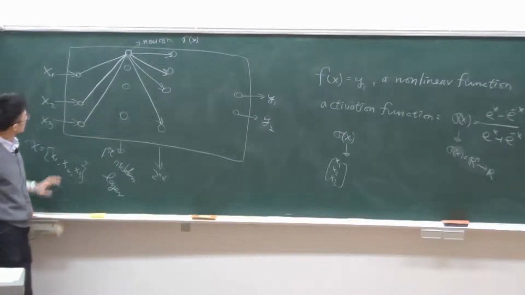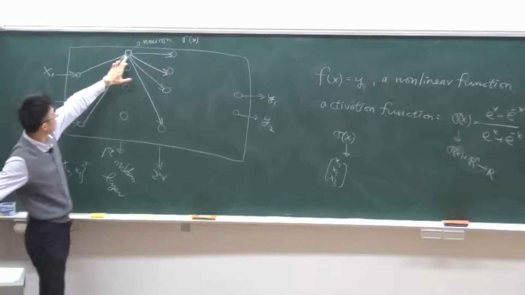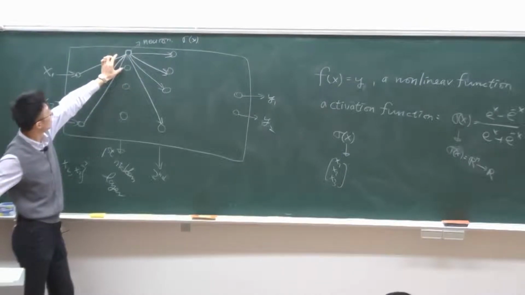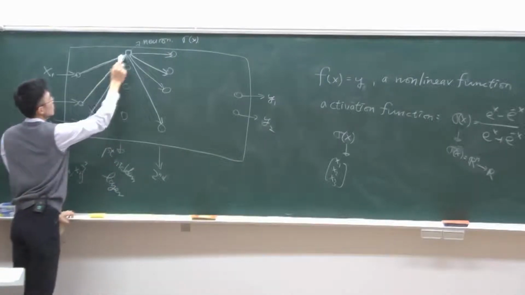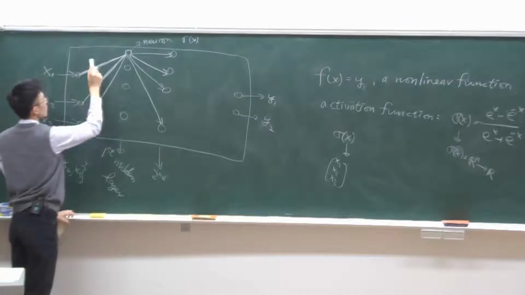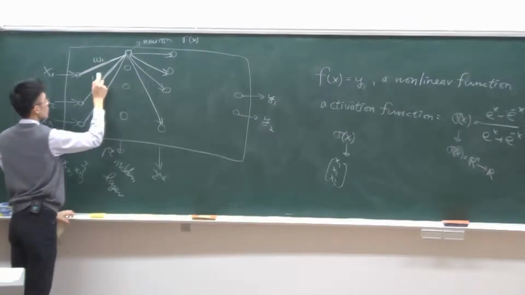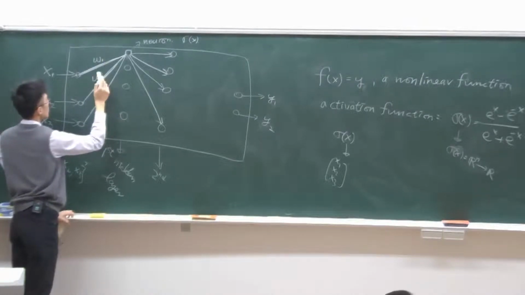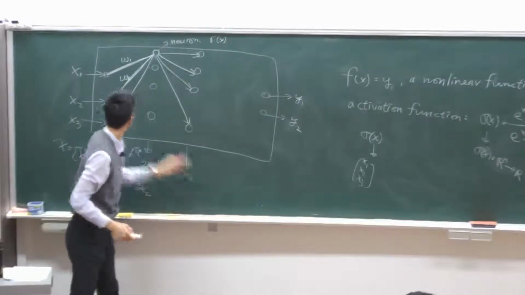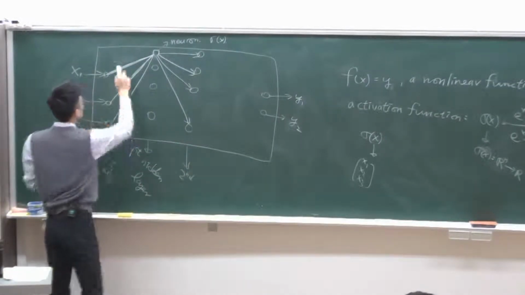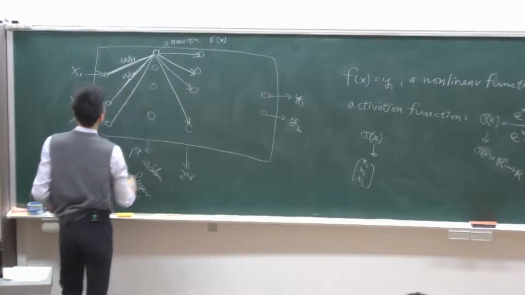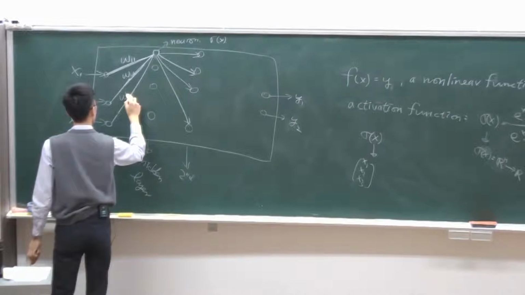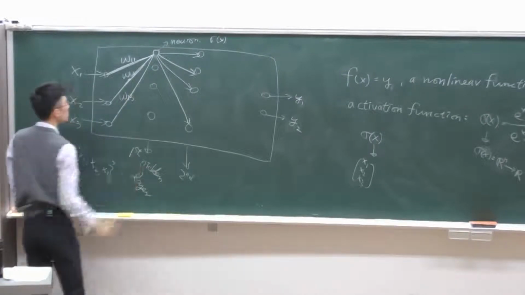So you can consider that the 3 inputs coming to here are a combination. In each link there will be a weighting W1, W2, W11, W12, W13.